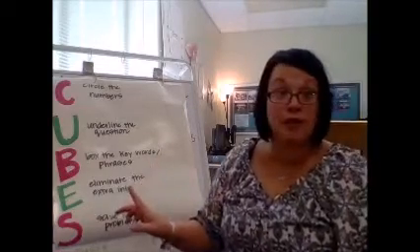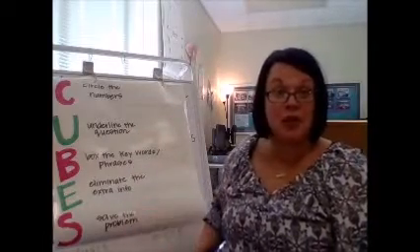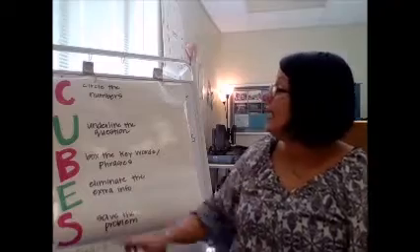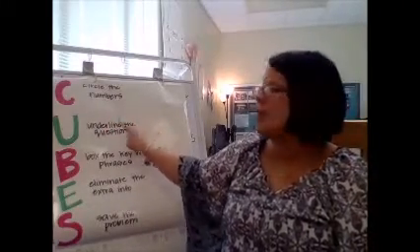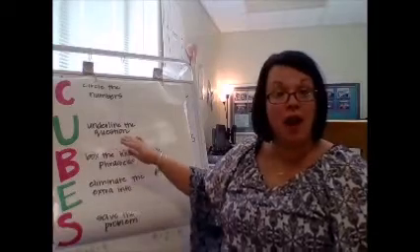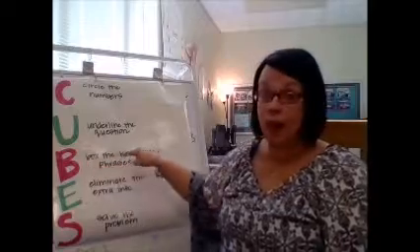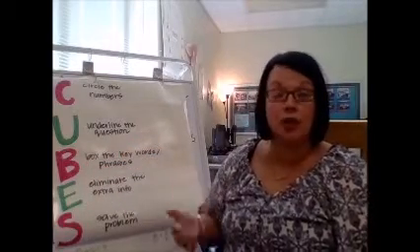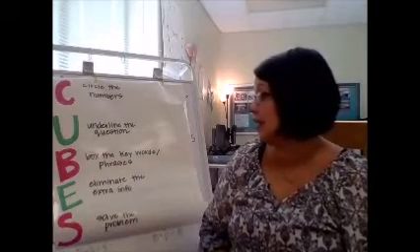So I just want to review first all of the letters of cubes so we can make sure that we use that today. The C, remember, stands for circle the numbers. The U stands for underline the question. The B stands for box the keywords, or the words that tell you what you should be doing, whether it's adding or subtracting.